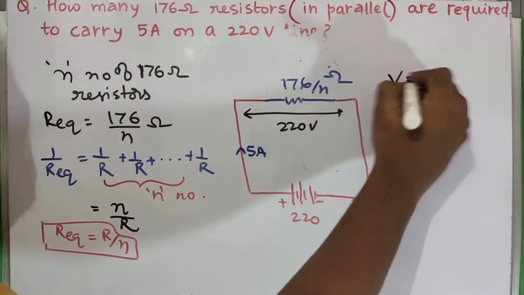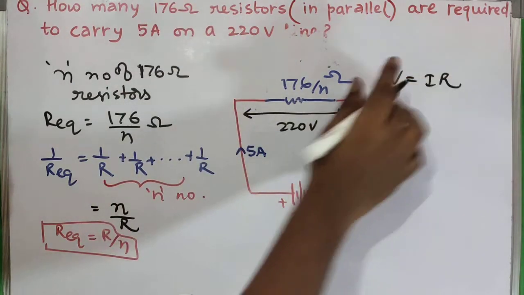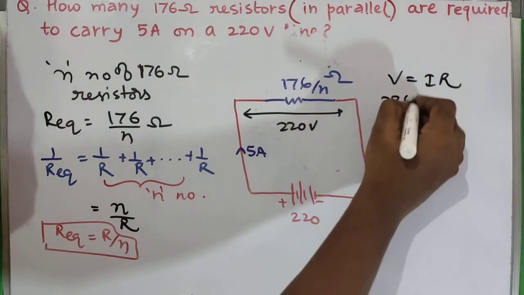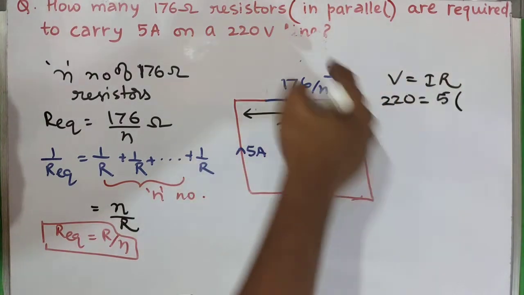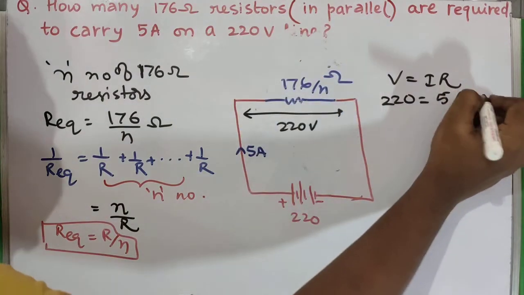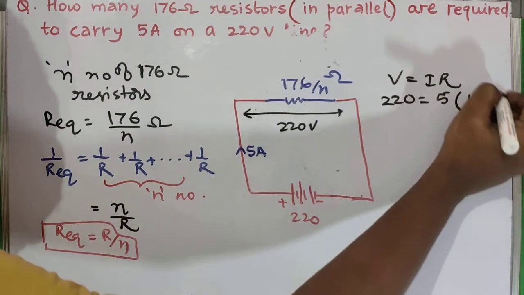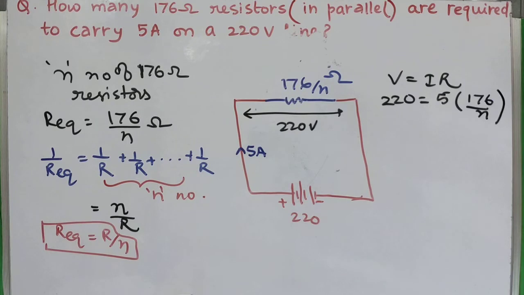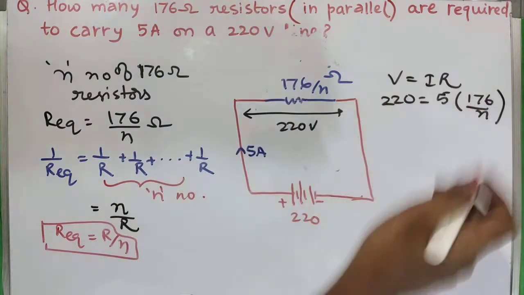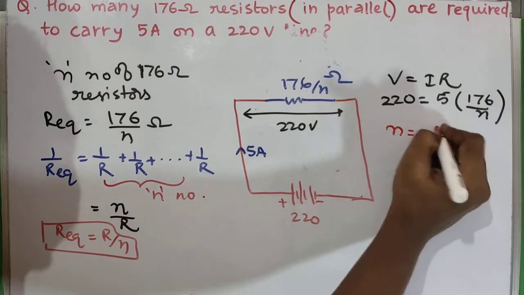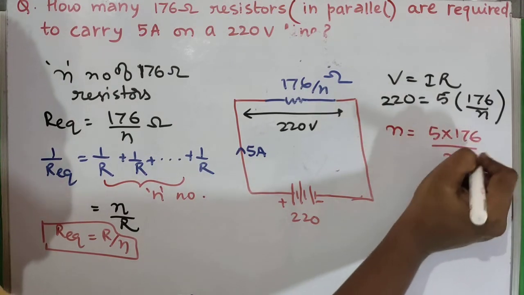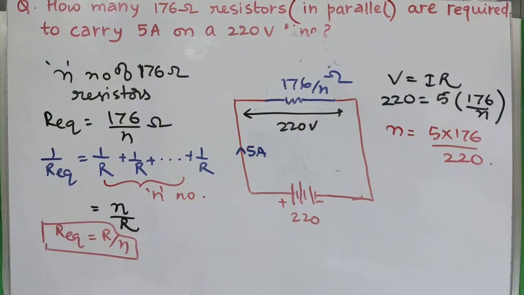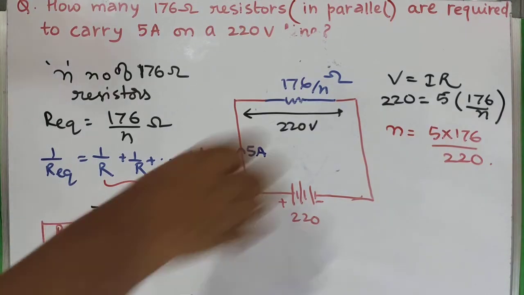So V is equal to IR, where V is given by the source: 220 is equal to I, which is 5 amps, times the resistance, 176 by n. To get n, take n to this side and 220 to the other side. So n is equal to 5 into 176 divided by 220. Clear? We are just writing Ohm's law.